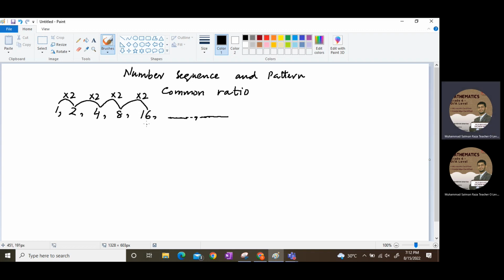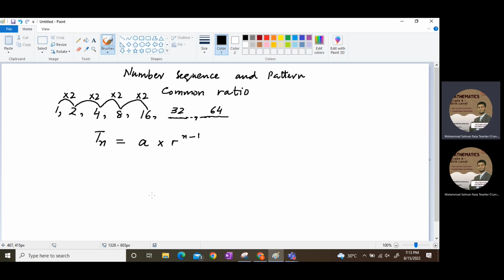Using the technique of multiplying by 2, it's 32 and then definitely 64. Let's see which formula is going to work. For these type of questions, the formula is T of n equals A times R to the power n minus 1. This is the formula for finding the numbers in the given sequence.